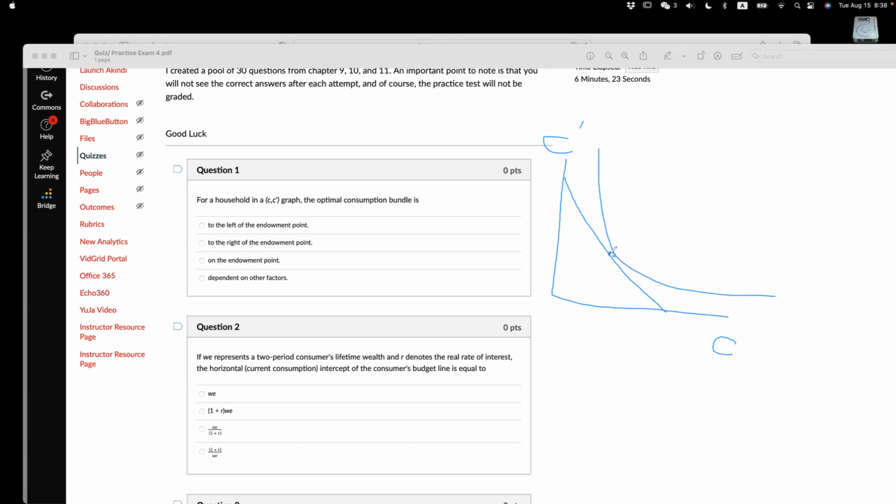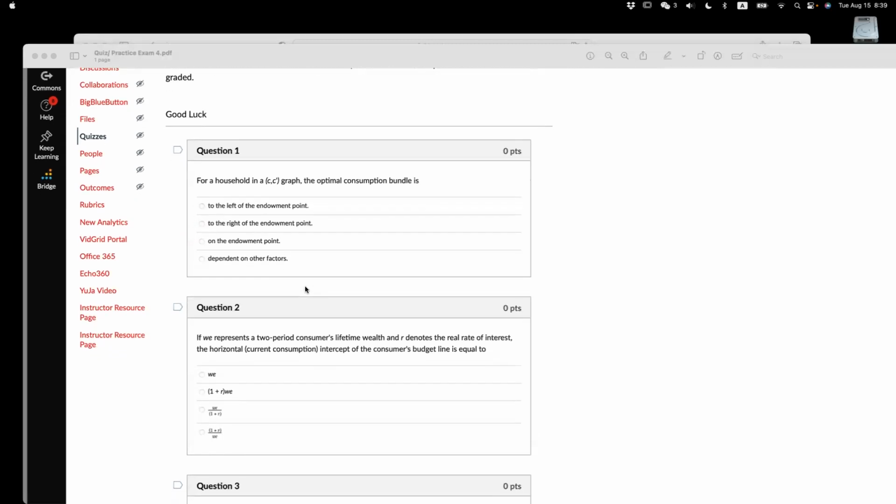Where you consume depends not only on your endowment, but also on the interest rate and maybe other financial frictions, if they exist. So the answer for question 1 is D, depends on other factors.